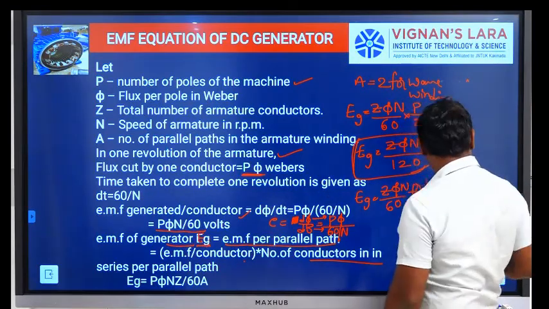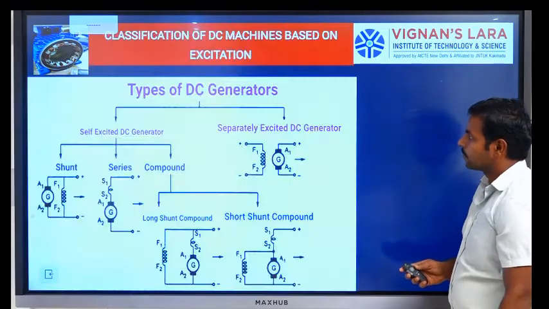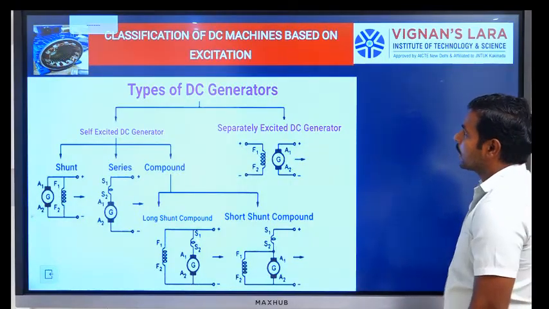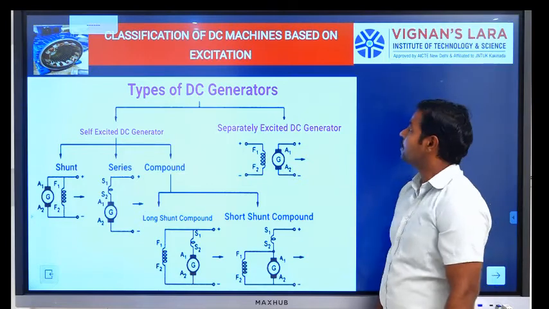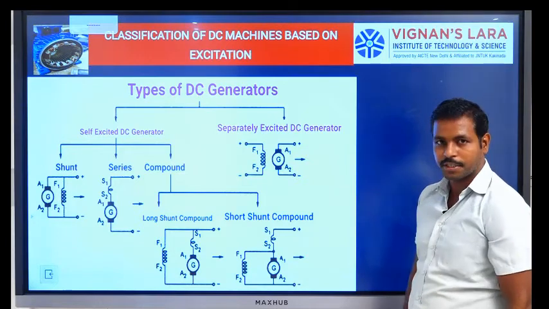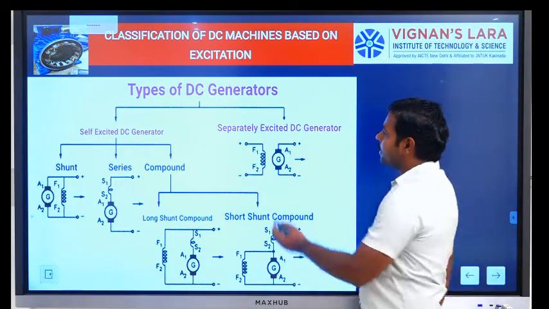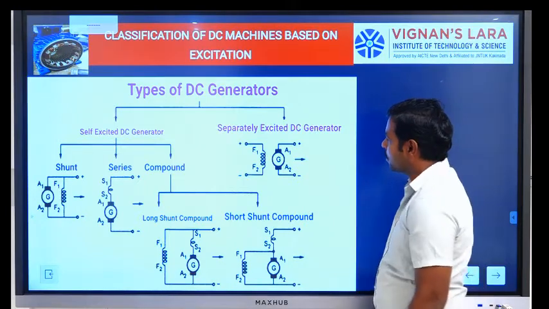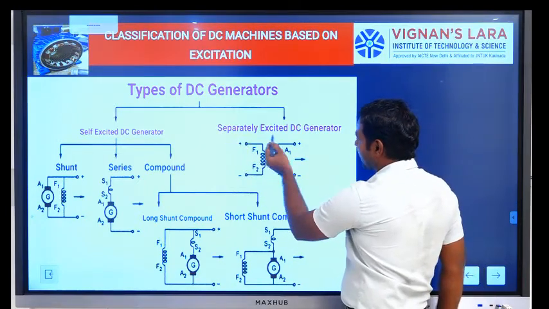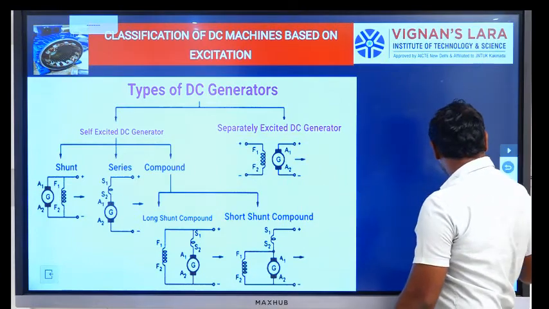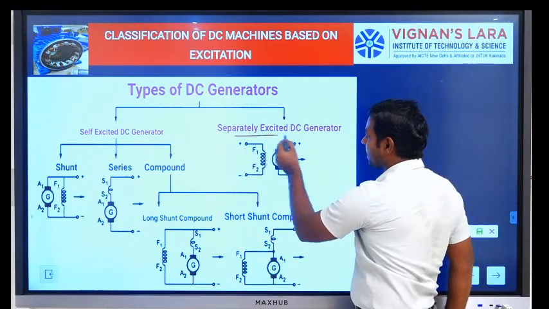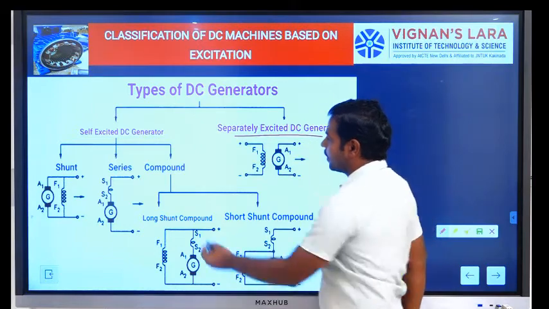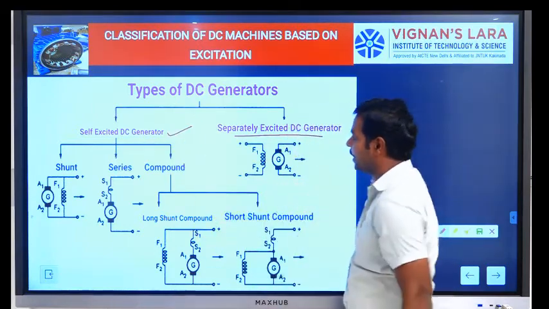Next one is classification of DC machines based on application. Generally DC generators are classified into two types: separately excited DC generators and self-excited DC generators.